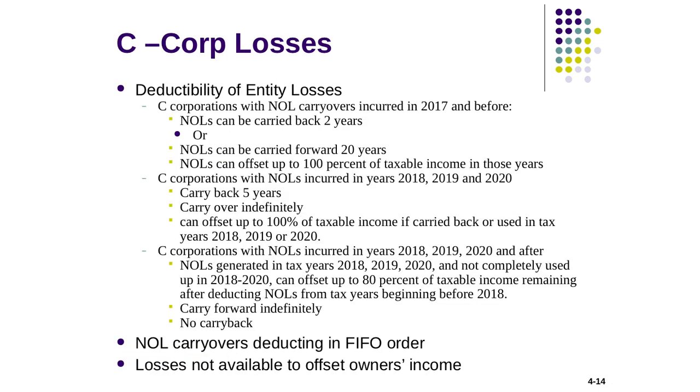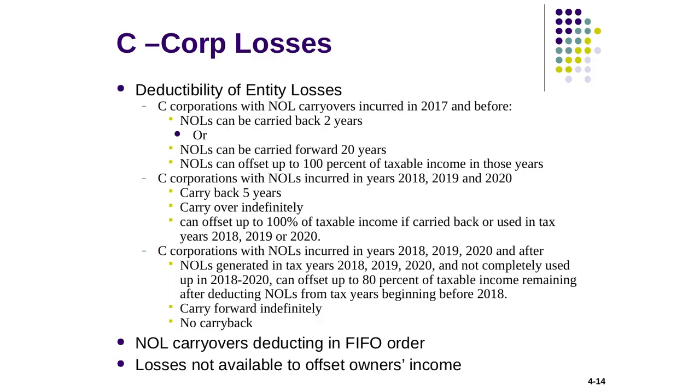All right, so in continuing our discussion about losses, C Corp losses have very special and specific rules. They're typically referred to as the NOL rules. NOL stands for net operating loss.